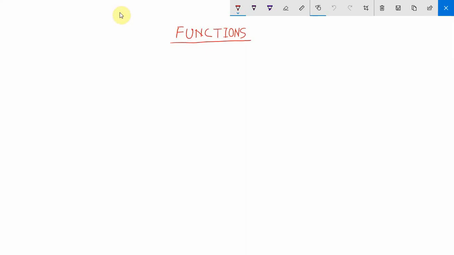So, what is a function? See, the Latin meaning of function is operation. It is derived from operation. So, we will discuss function as a special kind of relation.